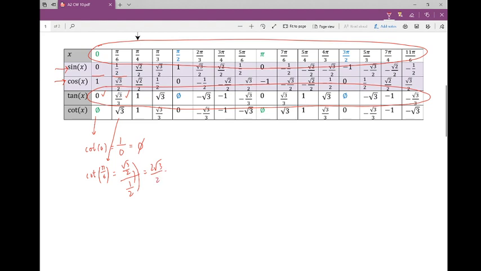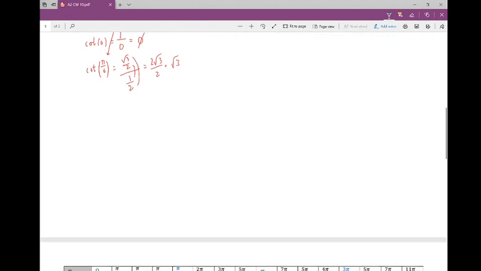We would get square root 3, as you can see here and here. So we would do that for every cotangent value, and you'll notice that for cotangent, the values are very similar to tangent. So we will see repeat values, and the graphs will look very similar, but there are major differences. So let's look at those differences.